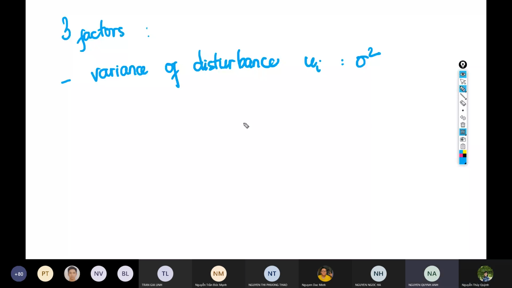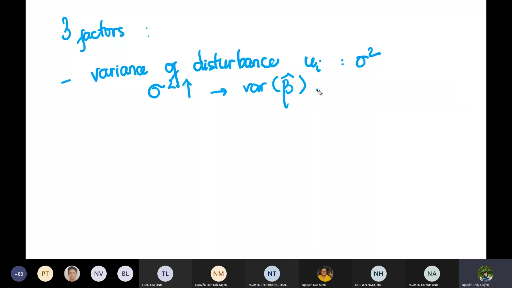The higher the value of the variance of the disturbance ui, the less precise. Okay, so the higher the value of the variance of the disturbance ui, the higher the value of the variance of the OLS estimators, which means that our OLS estimators are less precise.